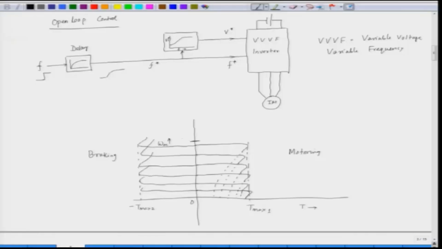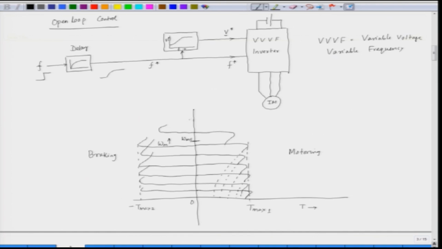Now, this is the base speed, this is omega ms, the rated synchronous speed. Beyond that, we keep the voltage constant, but we increase the frequency. So, the V by F reduces, so that leads to reduction of the torque. Gradually the torque reduces.